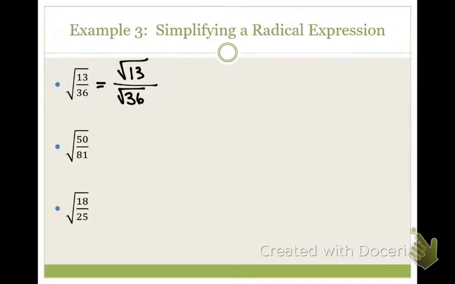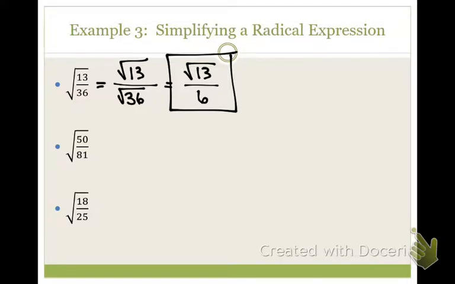No, there's no square root of 13. Check it in your calculator. There isn't. So I leave it. But can I take the square root of 36? Yes. 6. That's my answer. Okay? So it allows you to split it up, to break it up, to take the square root of your perfect squares and then to simplify the other side.